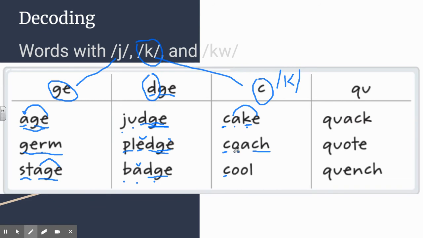K. Now the OA, remember, is vowel team, saying the long sound. So k, o, ch. This is again one of those words that just has 3 sounds, but it's got 1, 2, 3, 4, 5 letters. And then in this word, I've got k, and then the double O makes the oo. K, oo, k. Again, 3 sounds.